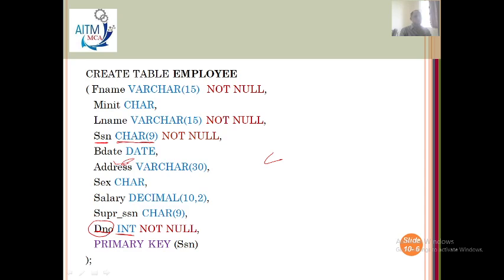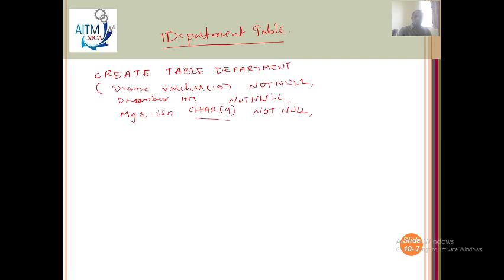So in the department table, manager SSN is a foreign key, hence it must be the same as its original parent key, which is in the employee table. SSN is the primary key in the employee table, data type character and size 9. Similarly, MGRSSN is a foreign key, its data type is character and size is 9.